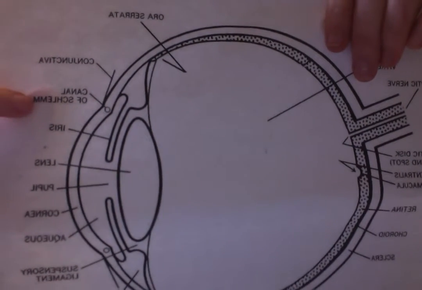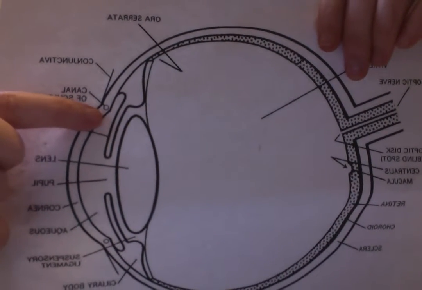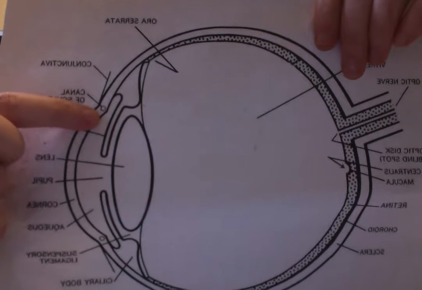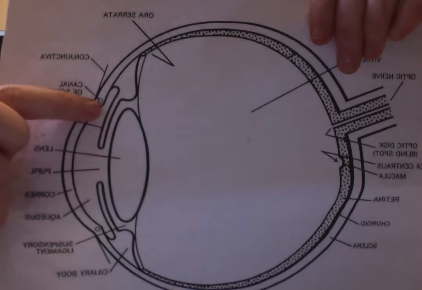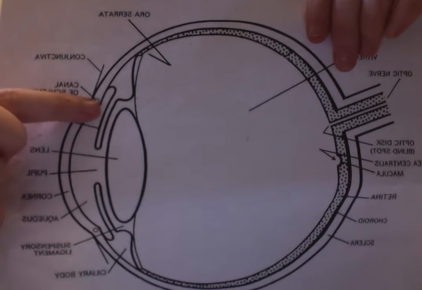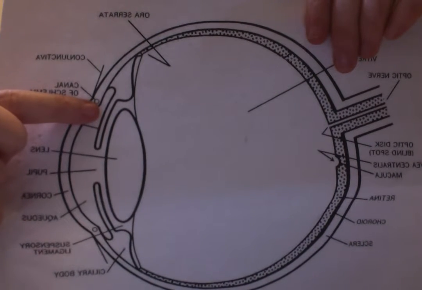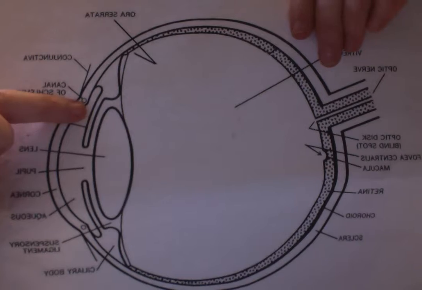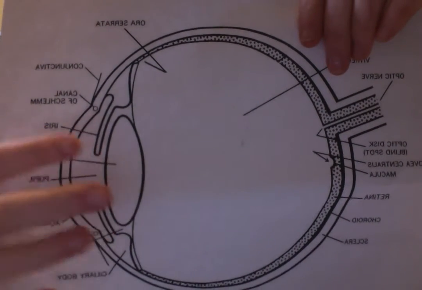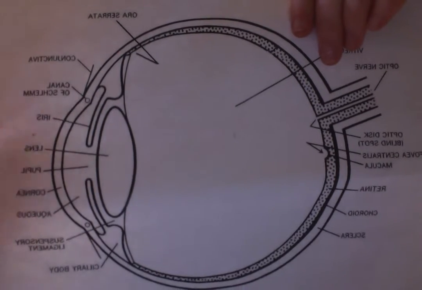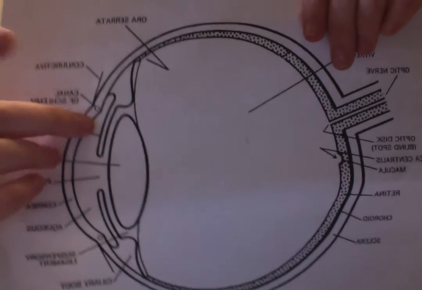The canal of Schlemm. And it's this circular canal, and it's what drains the aqueous humor. So it drains the aqueous humor from the anterior chamber into the veins, which is what drains the eyeball.